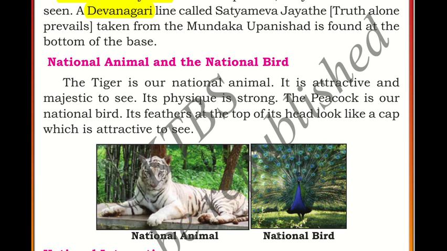Furthermore, we have our national bird, the peacock, that is extremely elegant and beautiful to look at. You can say that it's the most beautiful bird on the planet. The vibrant colors of the peacock are a direct indication of the vibrant lifestyle and diversity of us Indians.